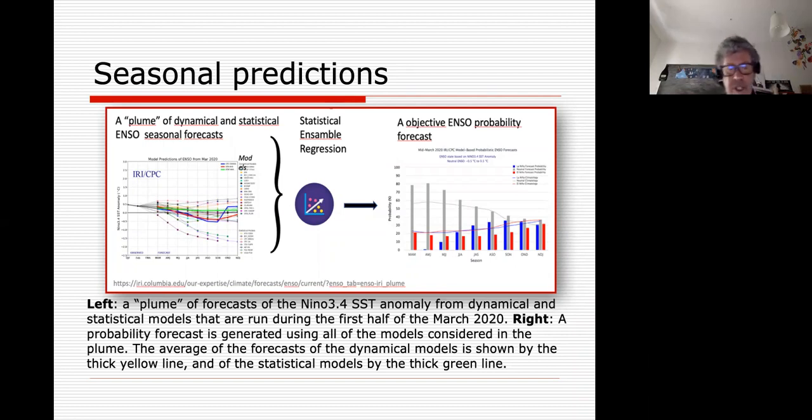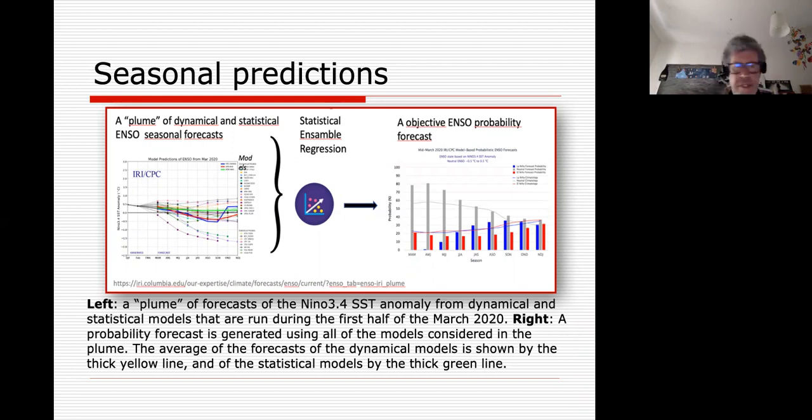The alternative approach is to exploit the statistics that can correlate present situations to the future and use this as a modeling tool for a seasonal forecast.